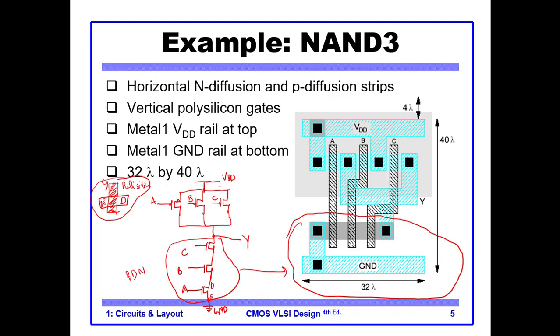This is the ground, and this is our transistor A. Why is this our transistor A? Because here we have the polysilicon going from top to bottom. On one side of this polysilicon there is the source of a transistor, and on the other side there is the drain. Transistor number A.